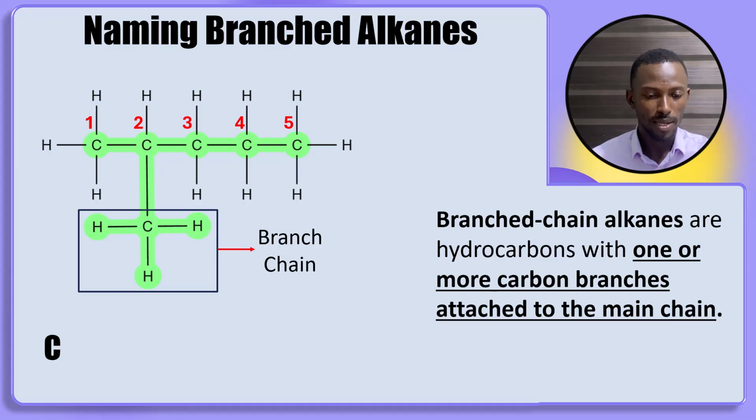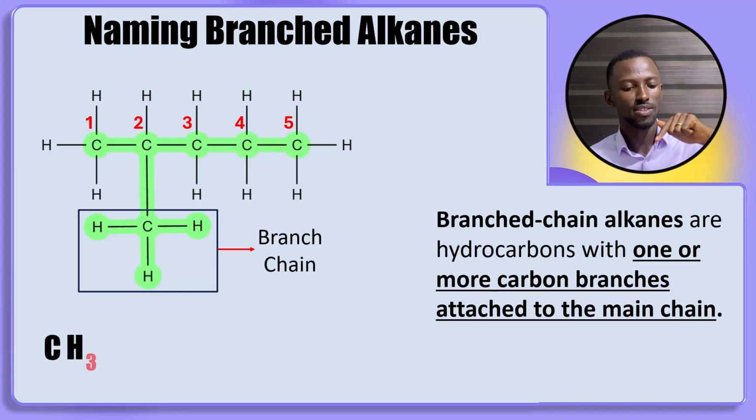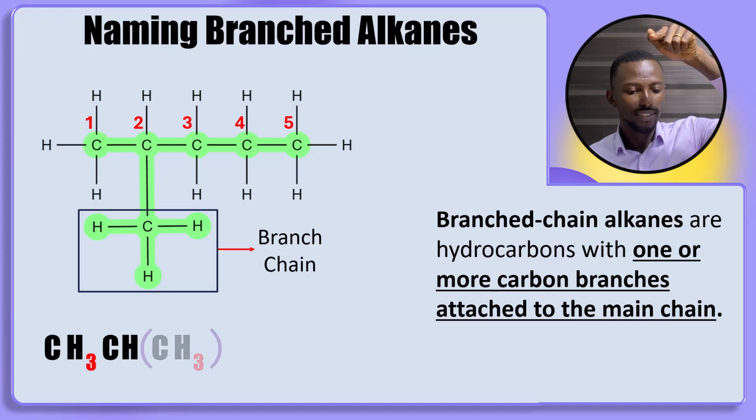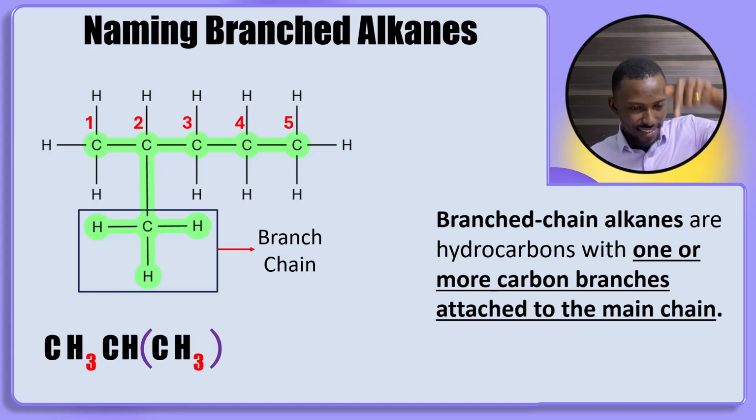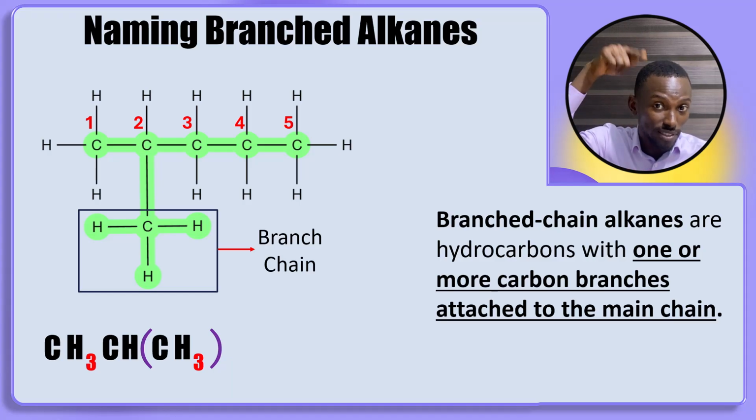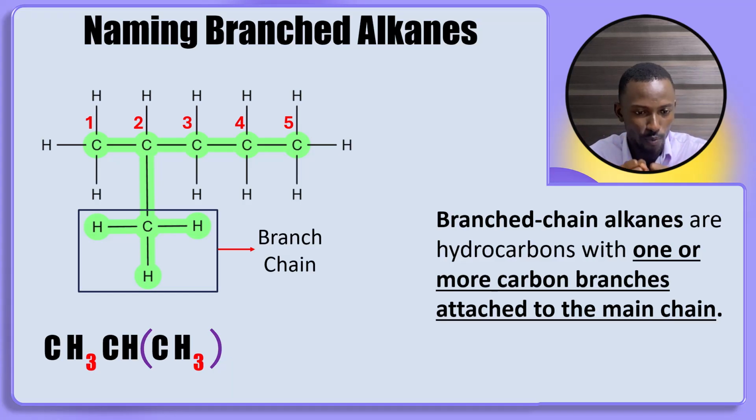The first carbon, carbon number 1. How many hydrogens is it bonded to? 1, 2, 3. What about the second carbon? It's bonded with 1 hydrogen at the top and a CH3 added down.